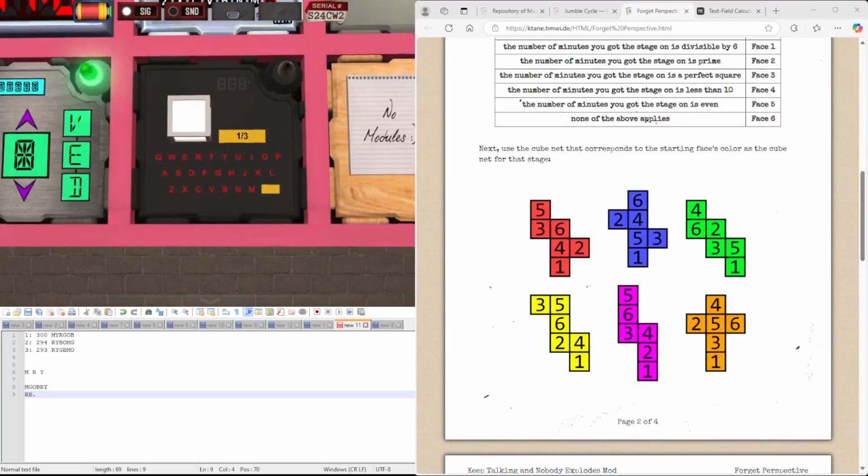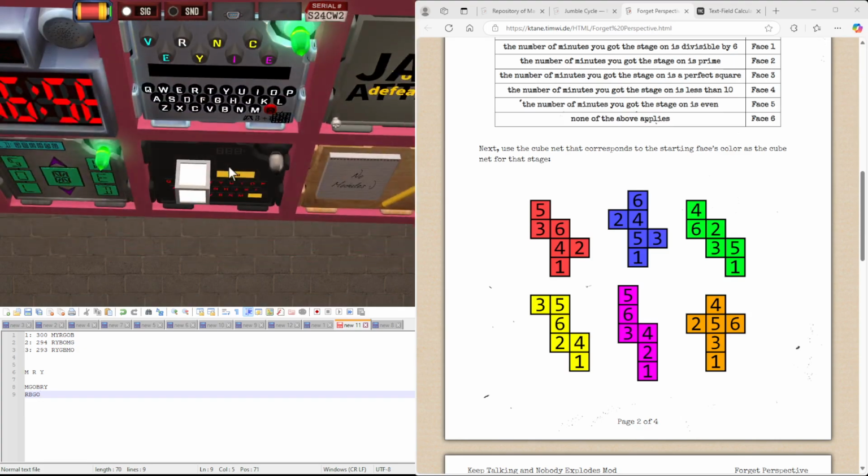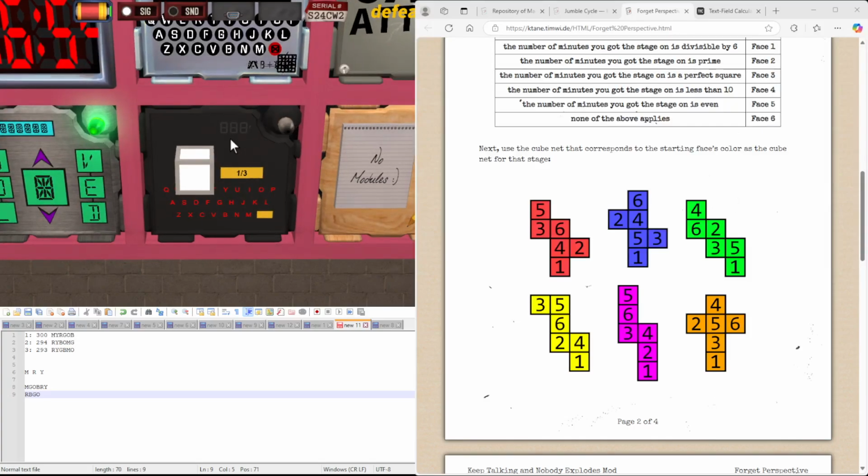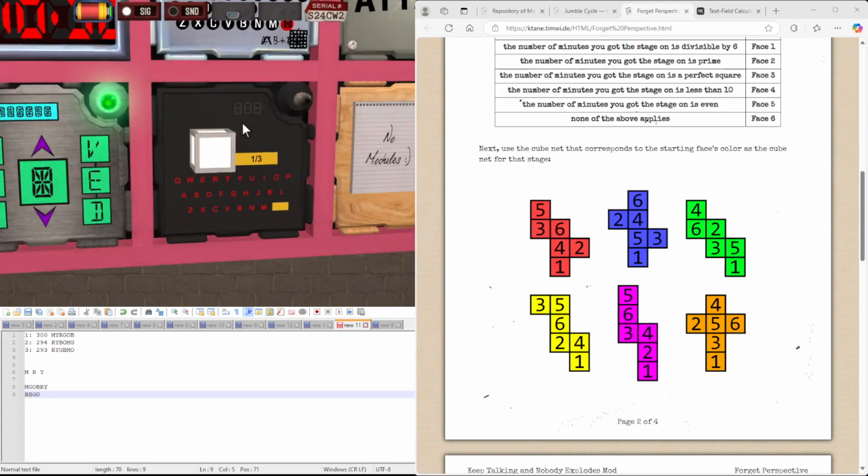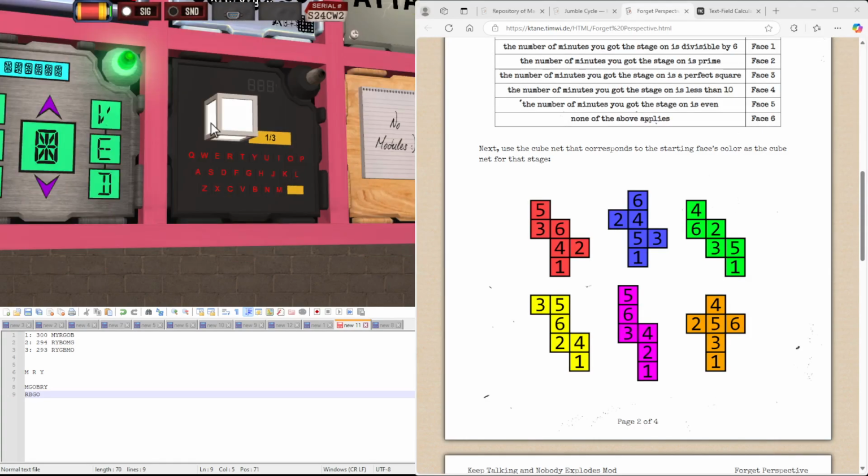So the 4th one that I got anyway. The bottom face would have been 6, which is G. This one is over 5. Number 5 and number 2.